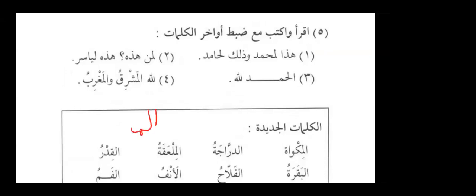What is the difference between Al-Mushrikun and Al-Mashriq? Mushrik ends with kaf, not qaf. Al-Mushriku. This is kaf, this is kaf. This meem has a dhamma, this meem has a fatha. Mashriqu, mushriqu.